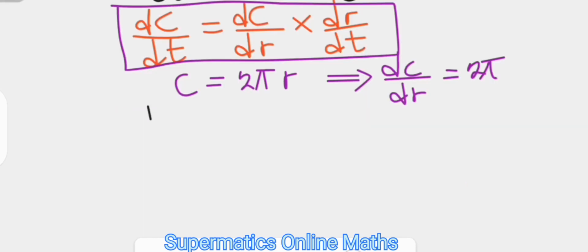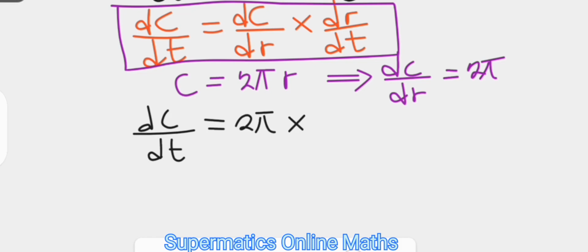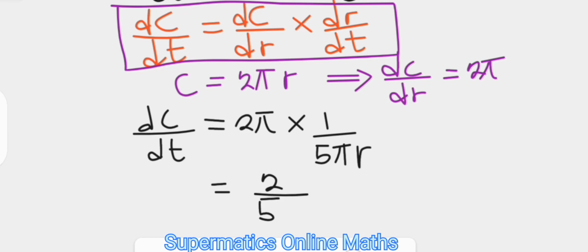Therefore, we have dC/dt, the rate of change of the circumference with time, equal to dC/dr, which is 2 pi, times dr/dt, the rate of change of the radius, earlier calculated as 1 over 5 pi r, giving us 2 over 5r.